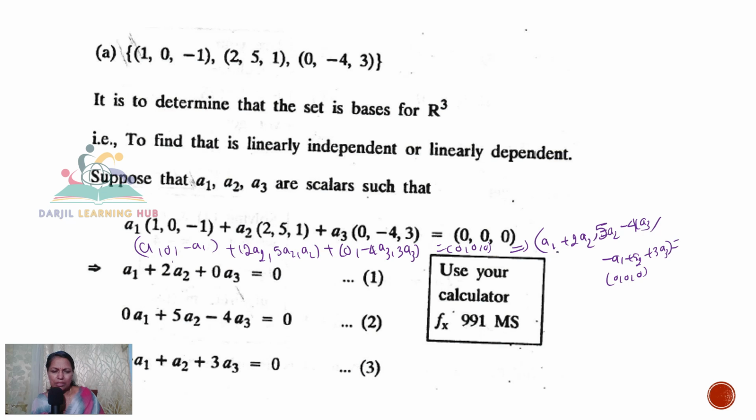From this we can say: a1 plus 2a2 plus 0 a3 equals 0, 5a2 minus 4a3 plus 0 a1 equals 0, and minus a1 plus a2 plus 3a3 equals 0. These are 3 equations with 3 unknowns.